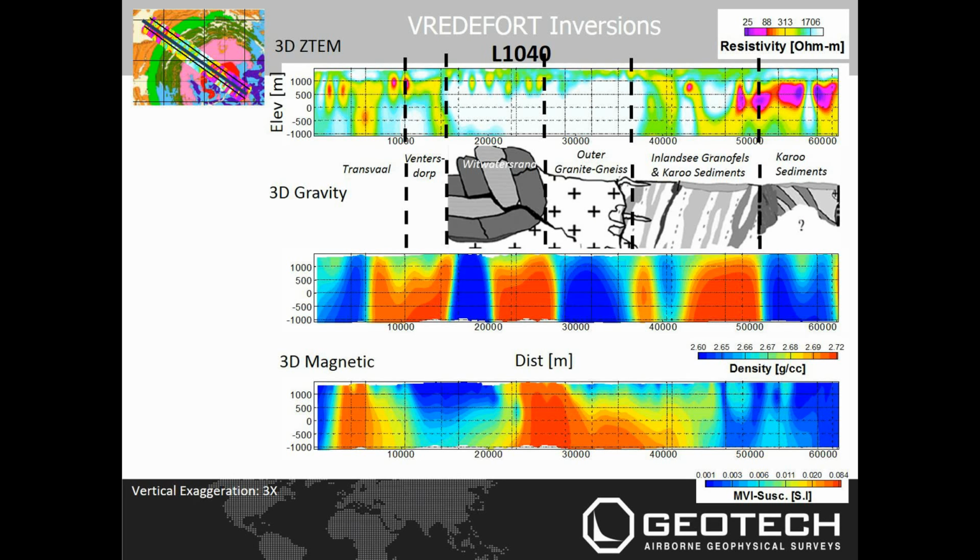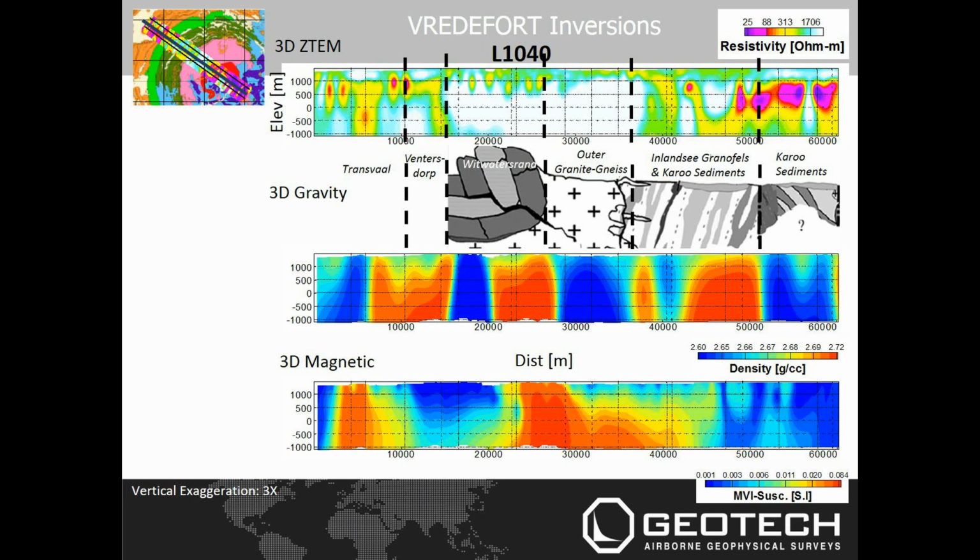This slide compares the multi-parameter cross-sections across the central line. Again, this is line 1040 with a sort of cartoon representation of the known geology. And this focuses on the 3D ZTEM inversion results. The 3D inversion appears to delineate a geological contact between the Witwatersrand strata and the Vredefort volcanics on this side.